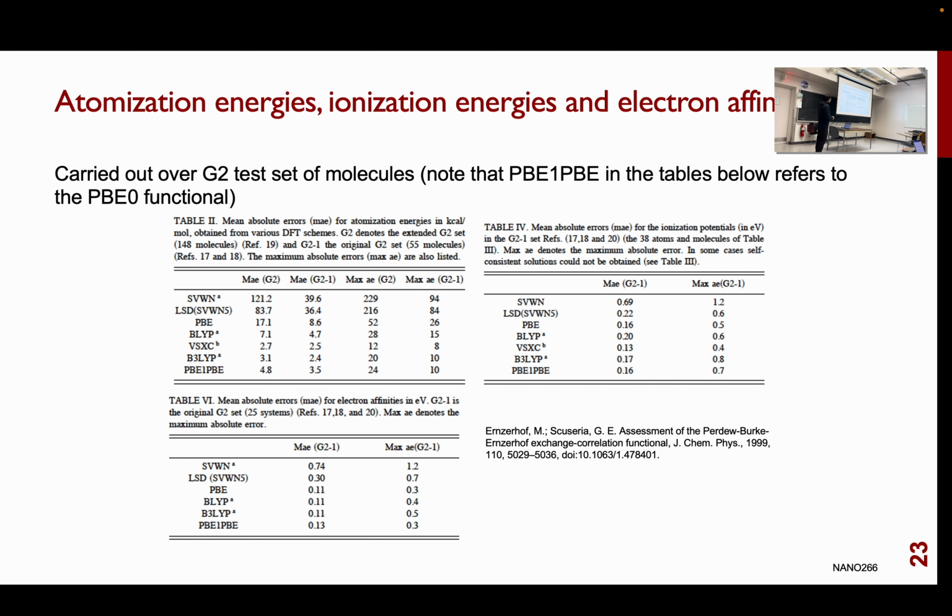And this compares quite favorably to something like B3 which gives me about 3.1 kilocalories per mole, okay? Similarly, for the ionization potential, GGA, the PBE functional actually also does reasonably well, and also for electron affinities, it does slightly worse, but it is still pretty good, okay?